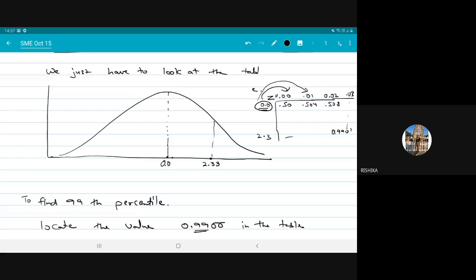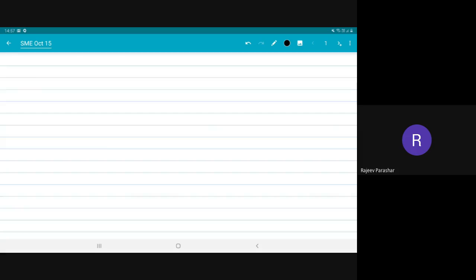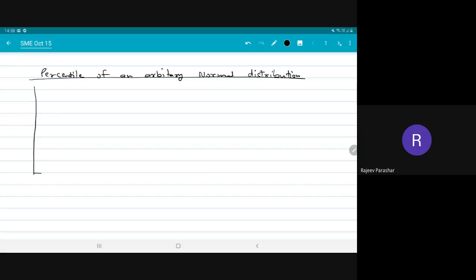Okay, so now let's move to the percentile of an arbitrary normal distribution. So this is an arbitrary normal distribution.